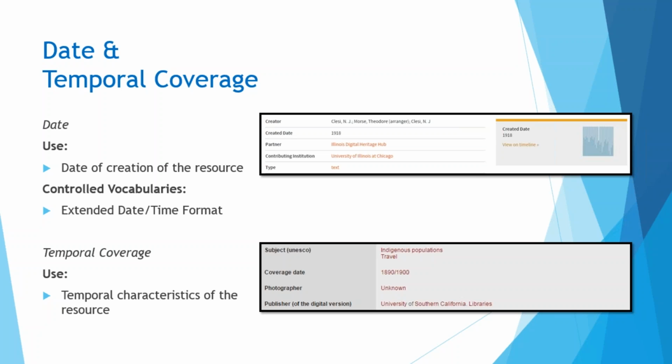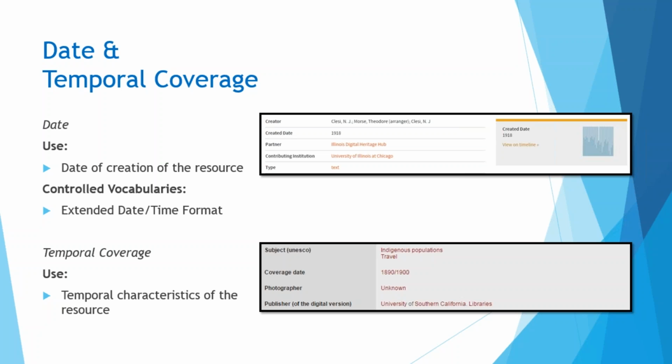This is necessary for the best representation in the DPLA environment because users are able to limit their searches by date, and false creation dates, such as digitization dates appearing as creation dates, are not useful. If a date range is used, as I mentioned earlier, DPLA will use the first date in the date range for the timeline search function. And the date field is visible in the user interface.